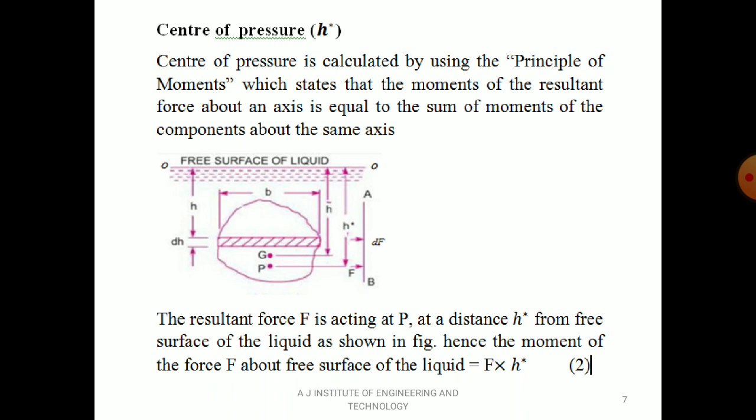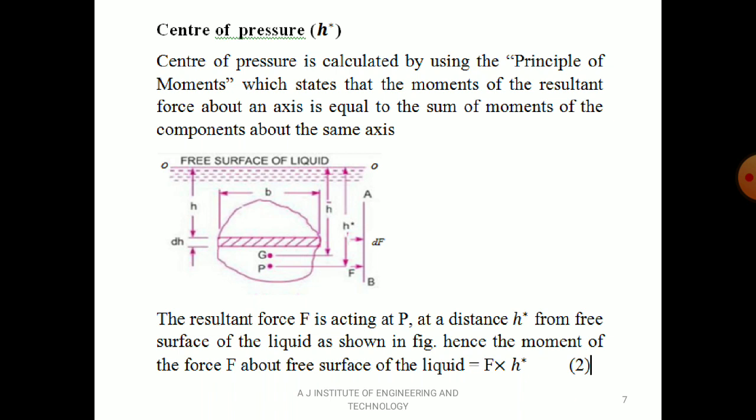So this is a side view AB, with the h star location, and you are supposed to write h. h is the distance from the top of this small strip to the free surface of the liquid. Hence the moment of force F about the free surface of the liquid is equal to F into h star.